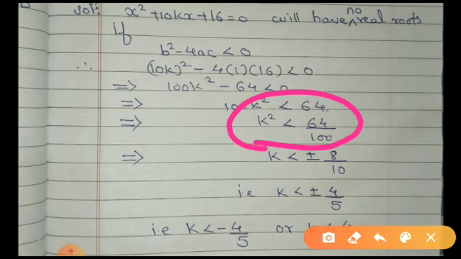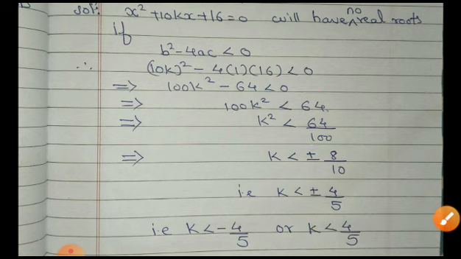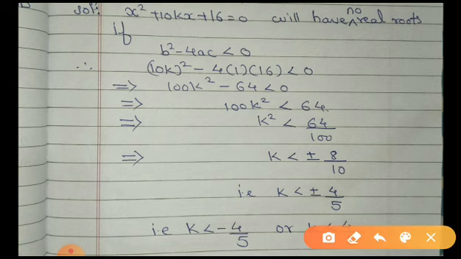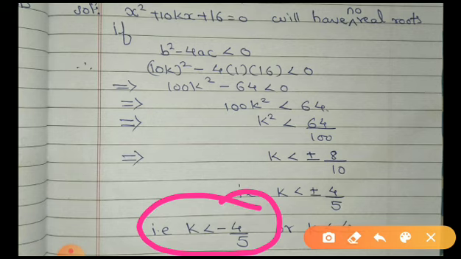Okay, that means either your k is less than minus 4 by 5 or k is less than 4 by 5. Now the question was to find only positive values of k, and in this case you will have the negative values of k. That means this option won't be there.